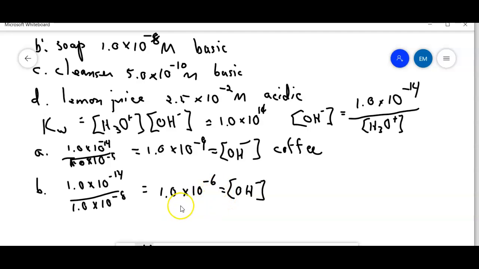Notice this hydroxide concentration is larger than 10 to the minus 7, so this is basic. Remember we said that it was basic, so that's soap.